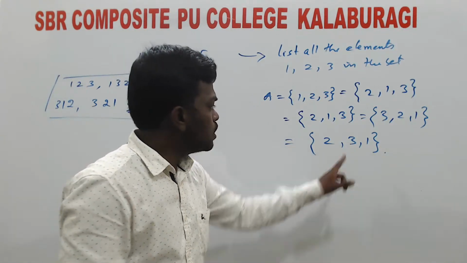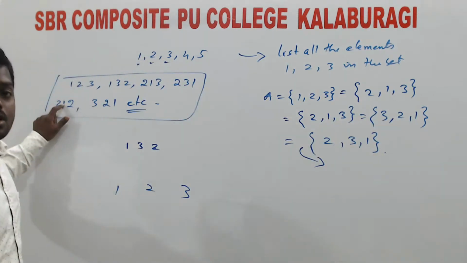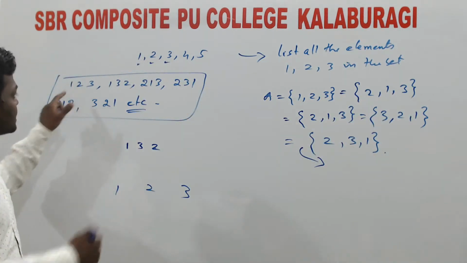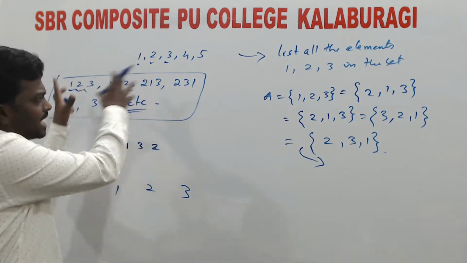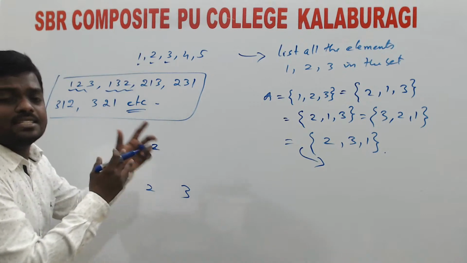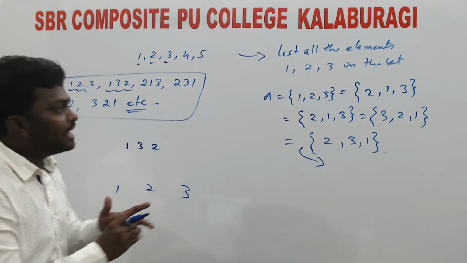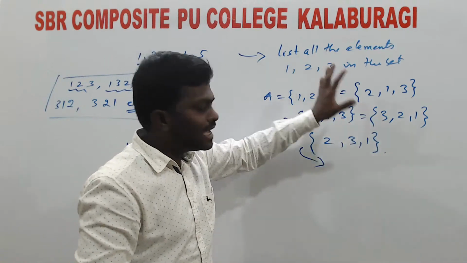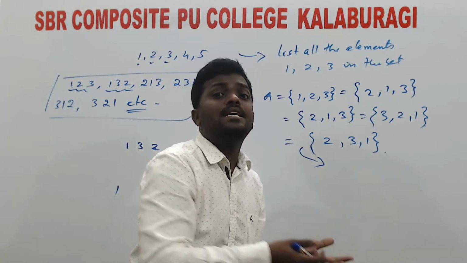Is that clear, students? So here if you see, all are same, one and the same, but here it's not same. Okay, so these are some specific different values. All the elements are 1, 2, 3 only, but since they have been arranged in some manner, the value is different. And here all the elements are 1, 2, 3 only, but listing all those elements in the set is immaterial.